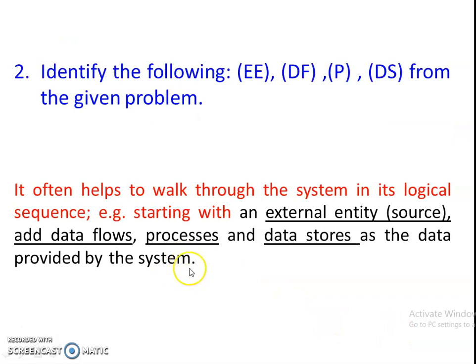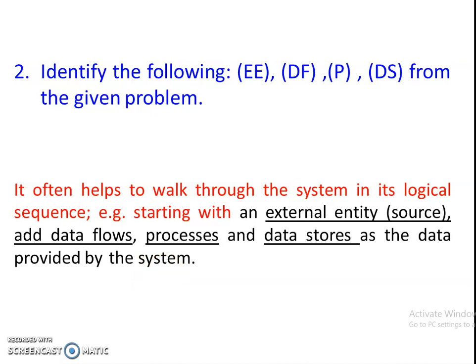Once you are able to understand the scenario clearly, you have now to identify where is the EE, which stands for the external entity, where is the DF or the data flow, where are the processes, and where are the data stores as the data provided by the system. You just need to know the keywords here, class, since I am giving short scenarios.